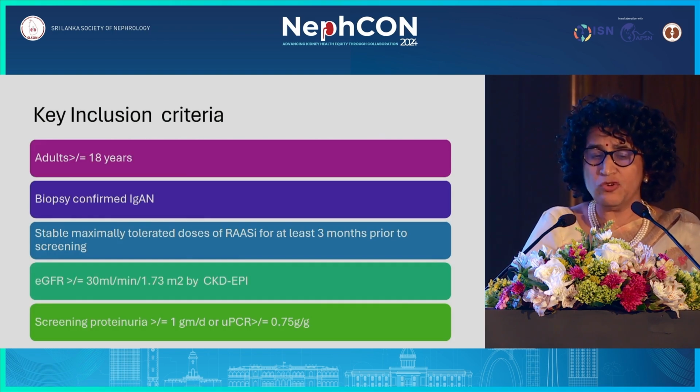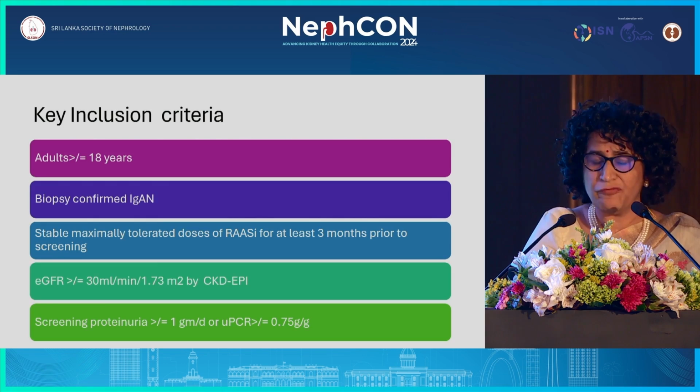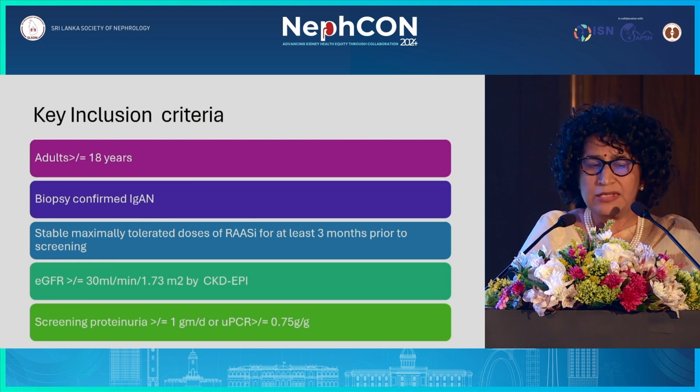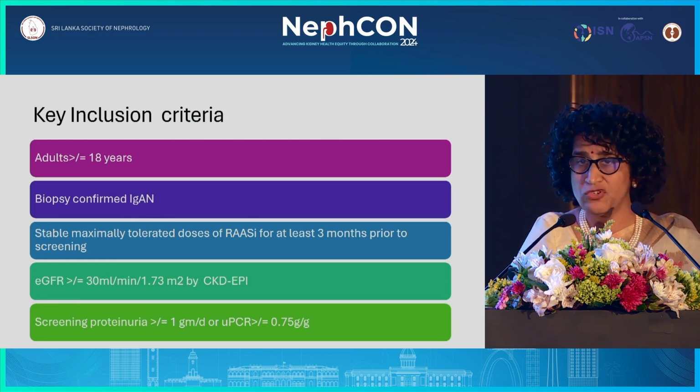The key inclusion criteria were adults with biopsy-confirmed IgA nephropathy, with less than 25% crescents and less than 50% tubulointerstitial lesions. The adults should be on a stable, maximally tolerated dose of RAS for at least 3 months prior to screening.